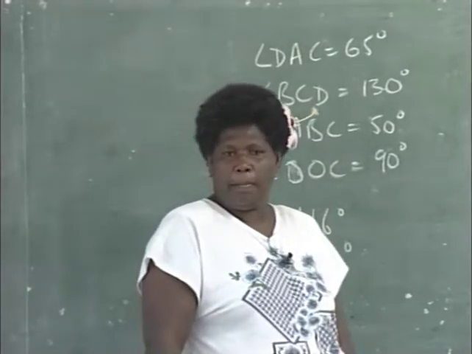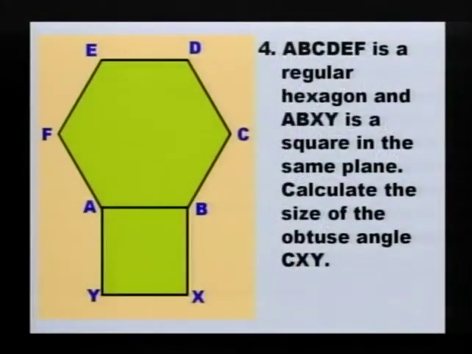Number 4. ABCDEF is a regular hexagon and ABXY is a square in the same plane. Calculate the size of the obtuse angle CXY. Megan.